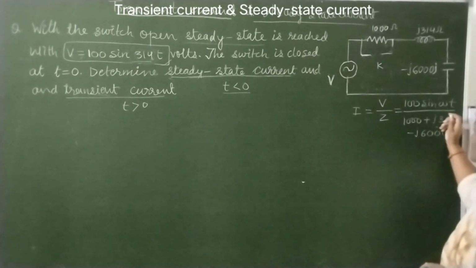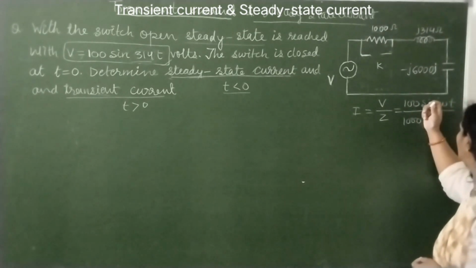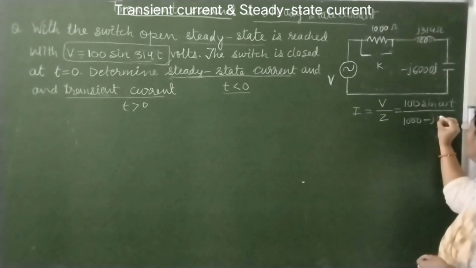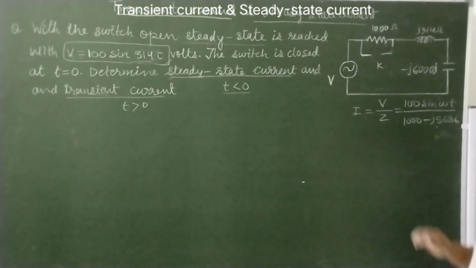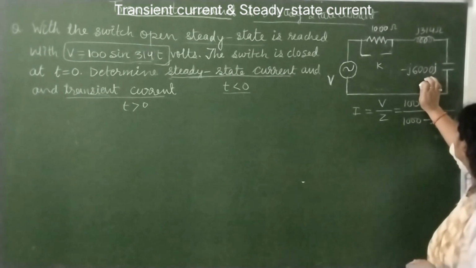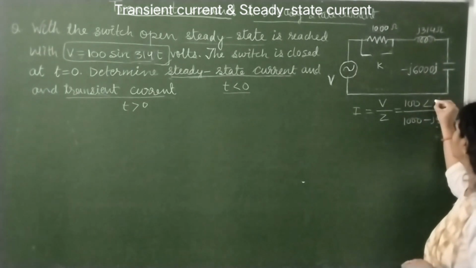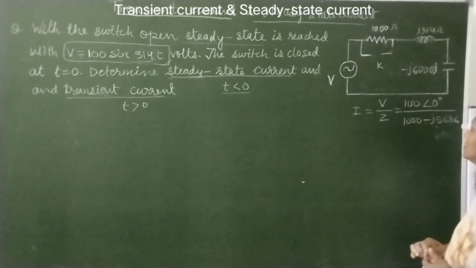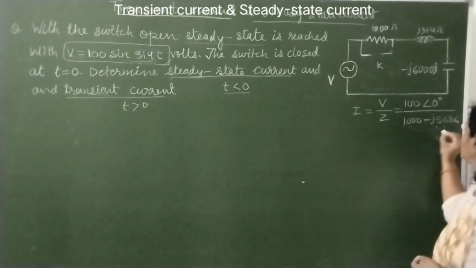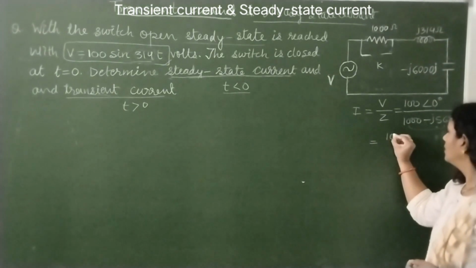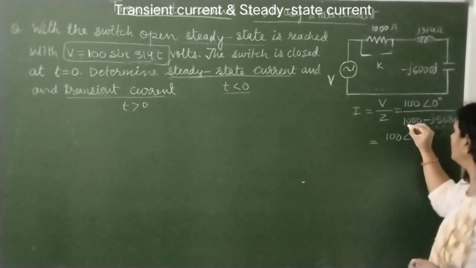Okay, so the summation of these j terms will give us minus j5686. Now write them in polar format. Here the phase angle is 0, so it is nothing but 100 angle 0 degree, and convert this into polar.